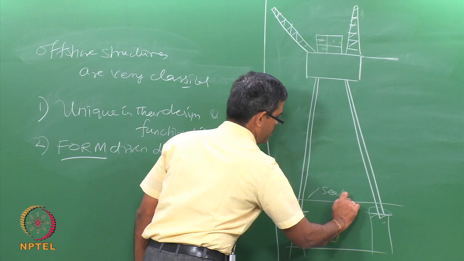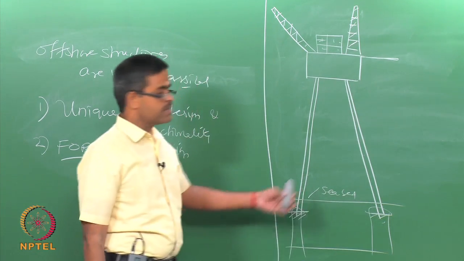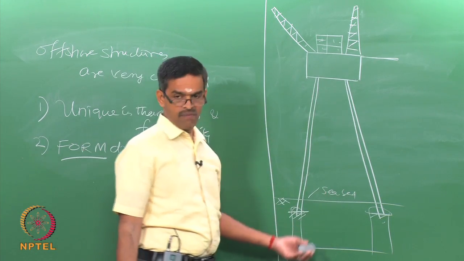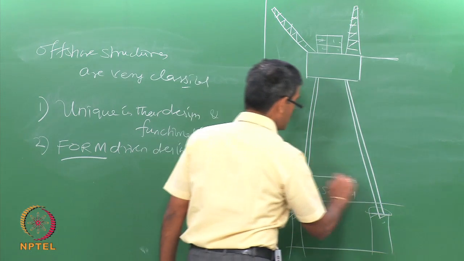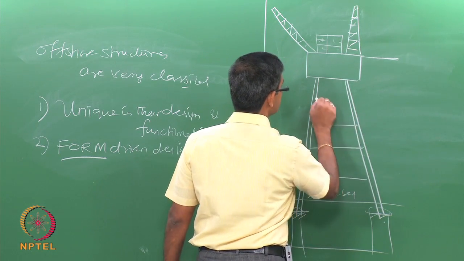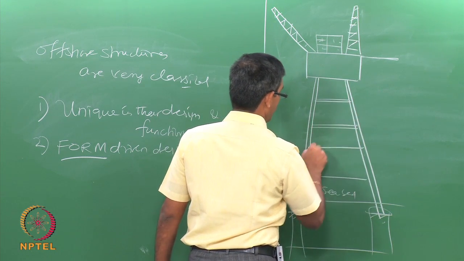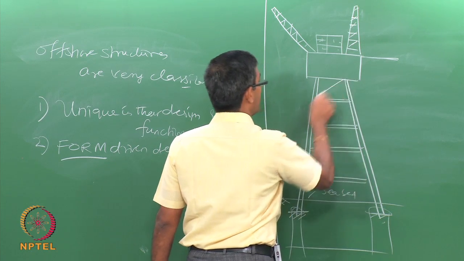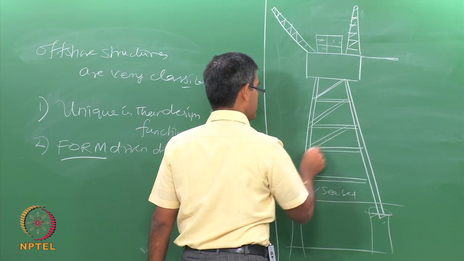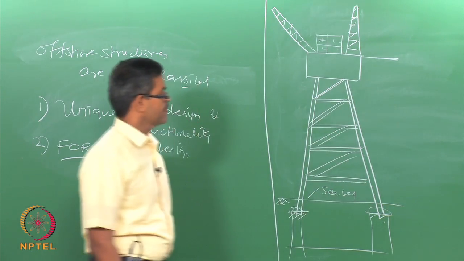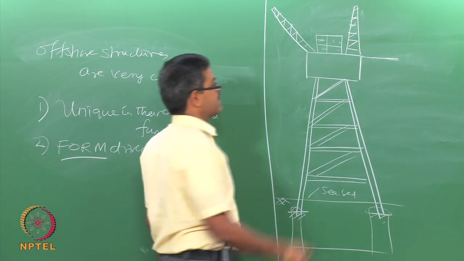This is my seabed. To strengthen these legs, because of the water depth being very large, we also insert bracings, and we call this assembly a typical jacket structure. So, we call this a jacket platform.